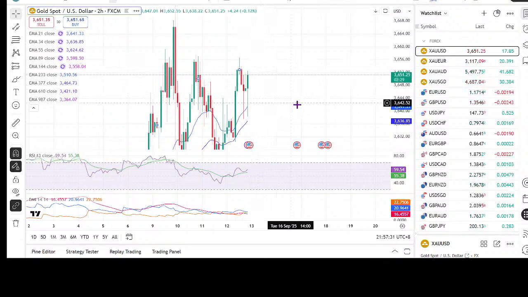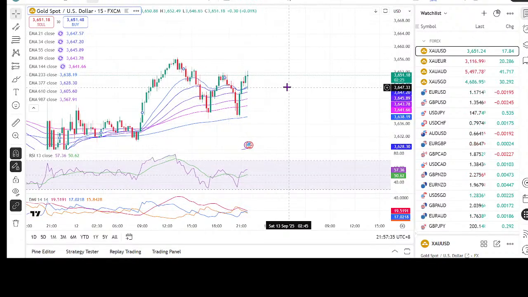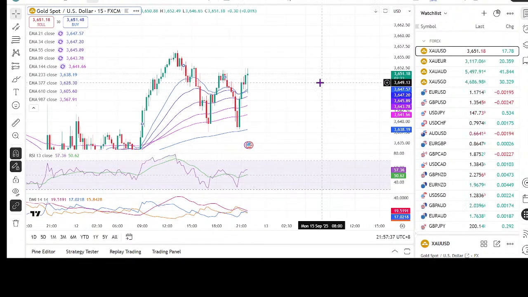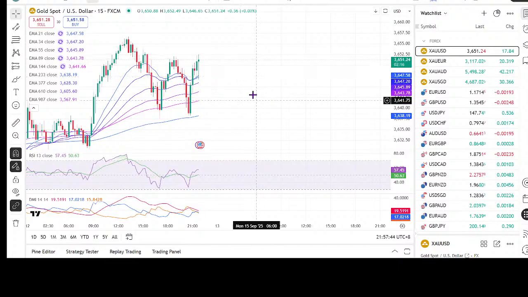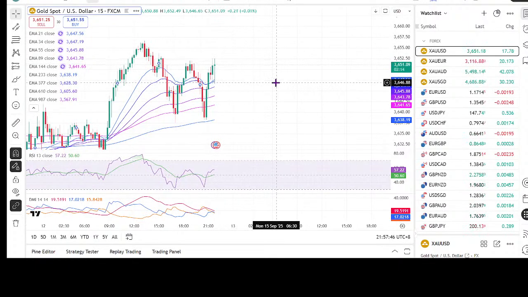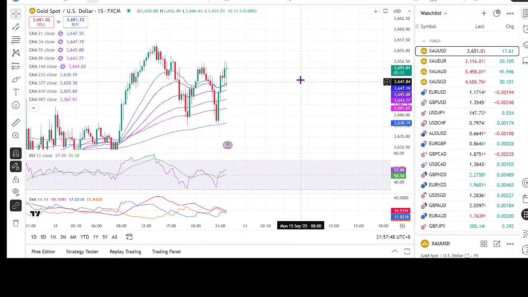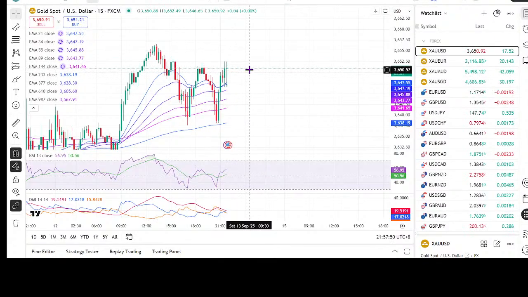But if we are not going to see that, then the market is going to move back into the range again, and the price is going to fall back. So we have to wait for another 3 more minutes, then we would see how the next candle responds.